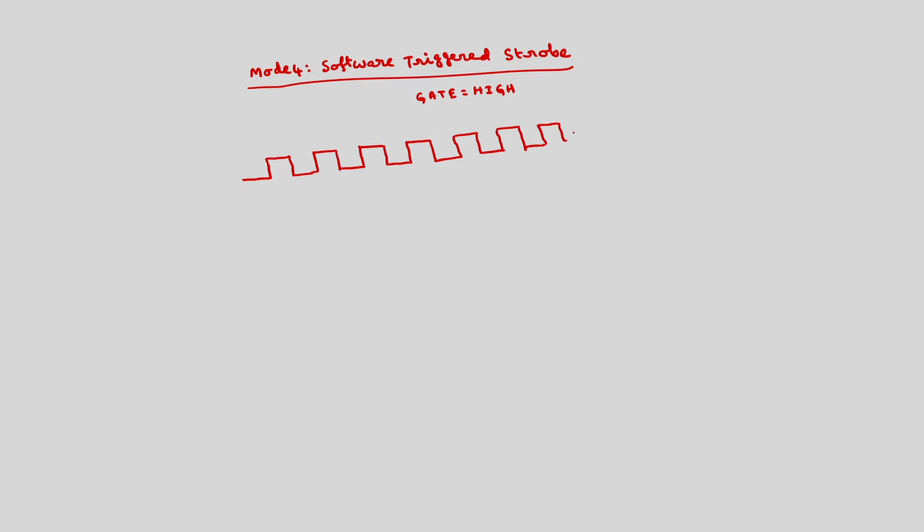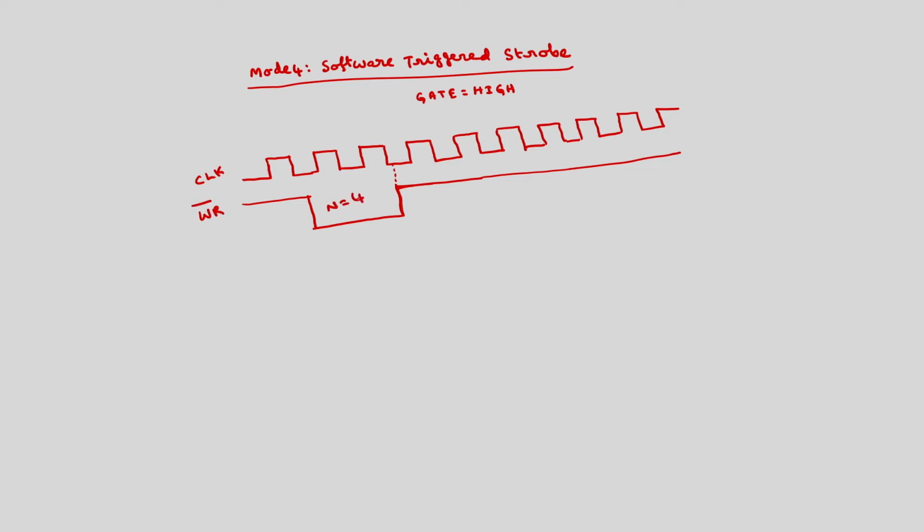This is the clock signal. If I take the same n equal to 4, this is the clock, I can use any of the counters, and this is the write bar signal.